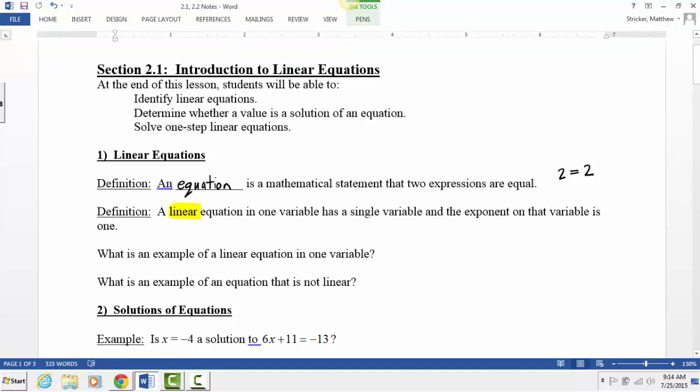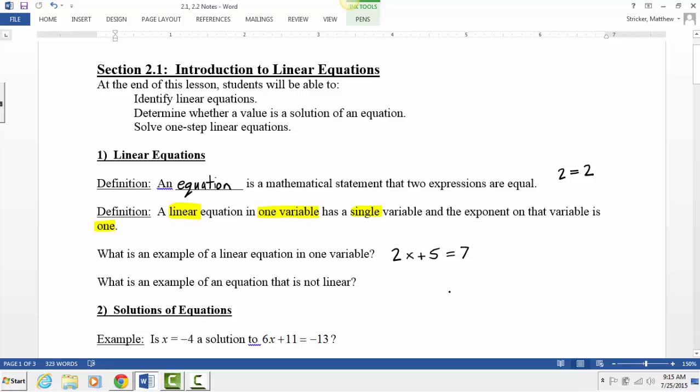A linear equation in one variable has a single variable, and the exponent on that one variable is 1. A couple things to highlight again here is that there's one variable, just a single variable, and the exponent on that variable is 1. So an example of a linear equation might be something like this: 2x plus 5 equals 7.